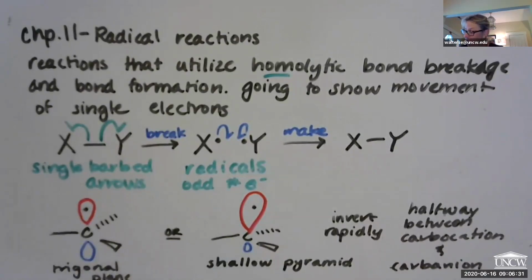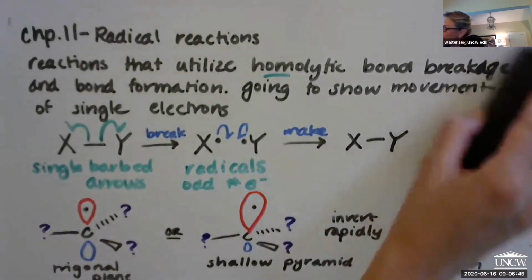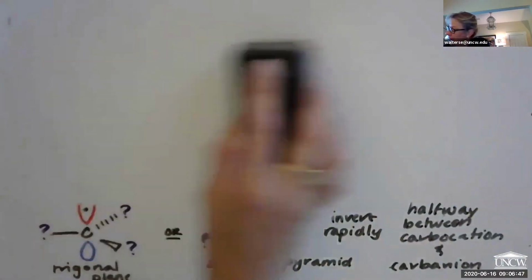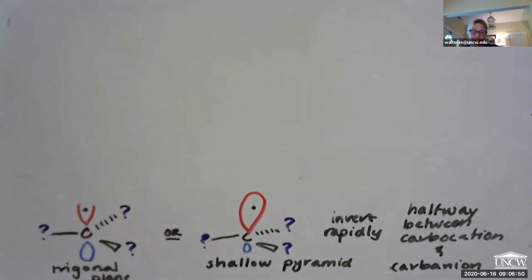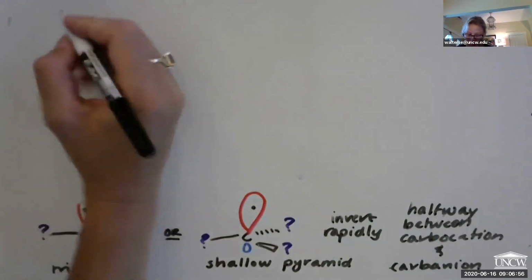At this point now, we're going to look at what will be on these ends and how that affects the stability of the radical. In this case, what you're going to need to do is focus on the number of R groups, just as you did for the carbocation stability, and actually they mirror one another.